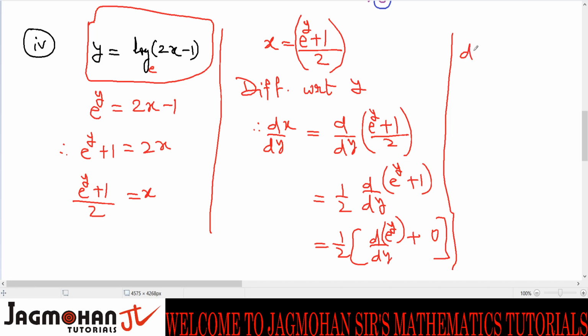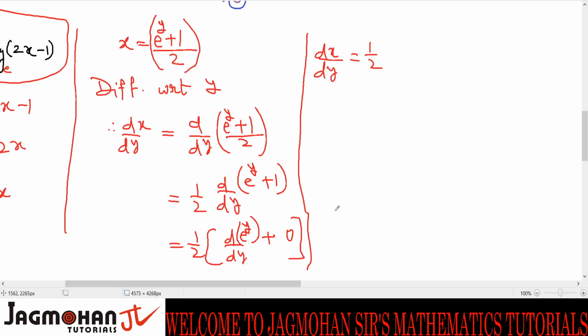So dx by dy you will get equal to 1 upon 2 as it is, and inside the bracket this function is e raised to y and the variable is y. You are also differentiating with respect to y, so the derivative will be e raised to y. So the final answer you get is e raised to y upon 2. This is dx by dy.